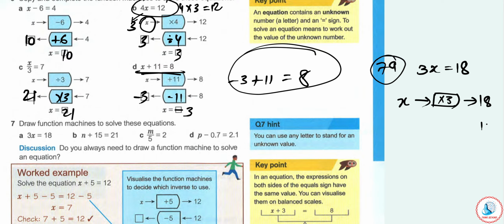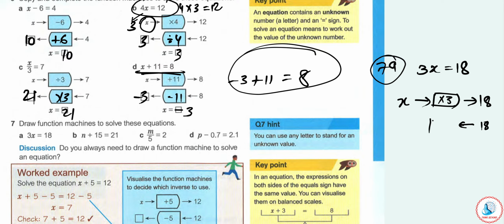So now here 18, reverse it, so the function will be divided by 3 and the answer will be 6 here. So the value of x is 6, right? Now check it by putting the value of x. 3 times 6 is 18. So we got our answer.